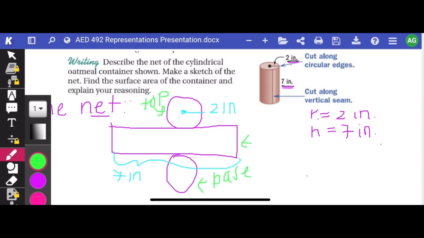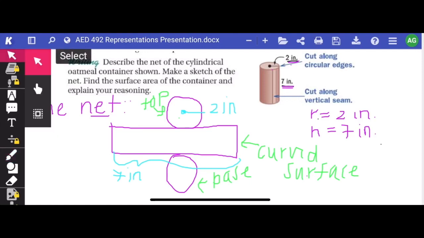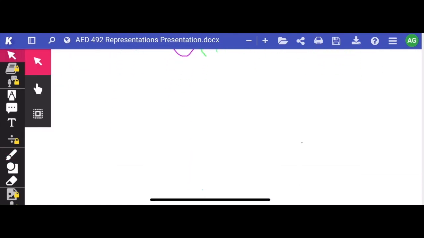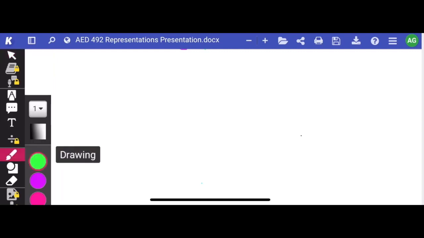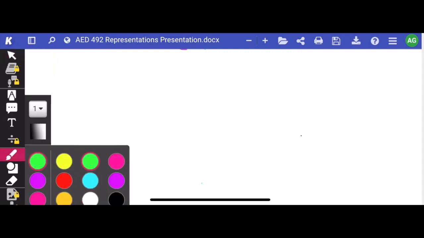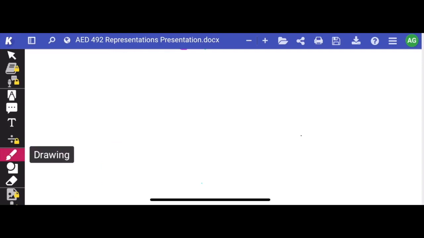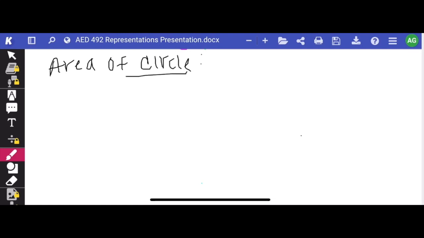So what we're going to do to find the surface area of the whole cylinder is we're going to find the area of the separate parts and put them all together. So we're going to start by finding the area of a circle. So we're going to note down our formula, which would be area equals pi r squared.